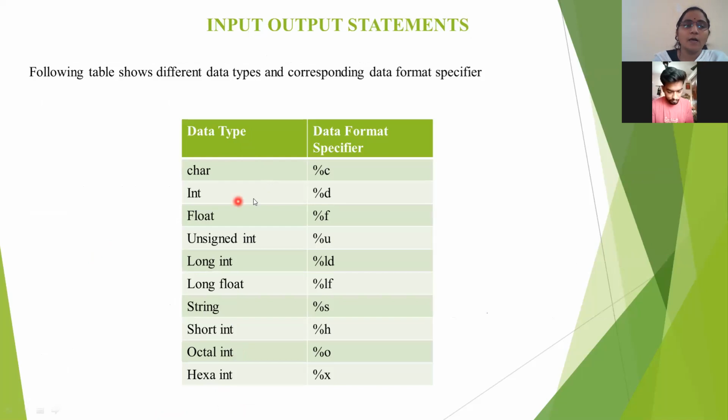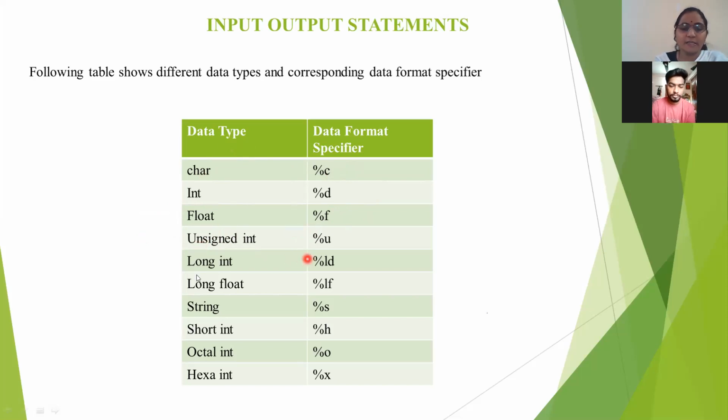Let's see this table. According to the various data types provided by the C language, these are the various data format specifiers. For character, %c is used, int %d, float %f. It's very simple. Generally, in most data types, the first letter of the data type is considered.